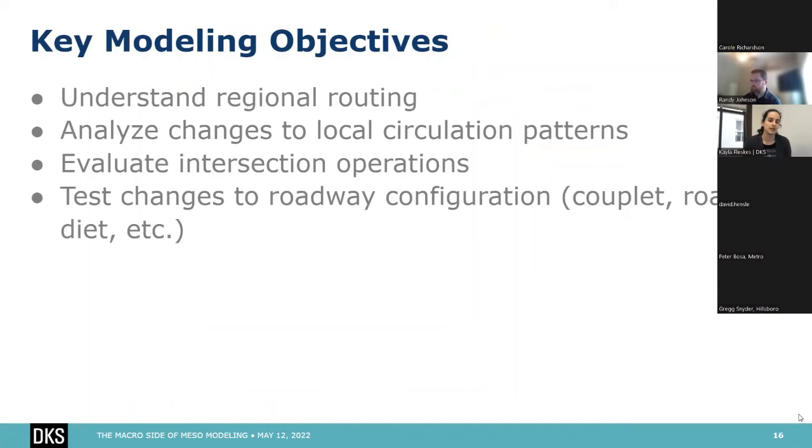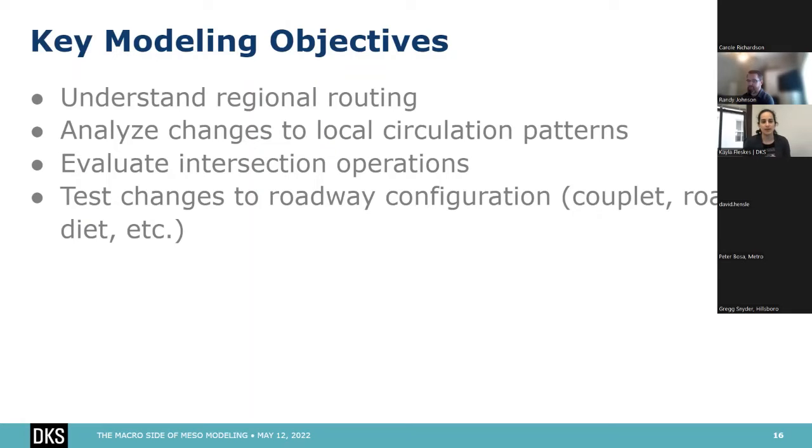We also were looking at changes to local circulation patterns. So understanding that the city's grid today is a one-way network when you get towards 5th Avenue in downtown. And so if there's any changes to local circulation patterns, if that can reduce your out-of-direction travel, improve connectivity for bikes, what impact would that have on traffic operations?